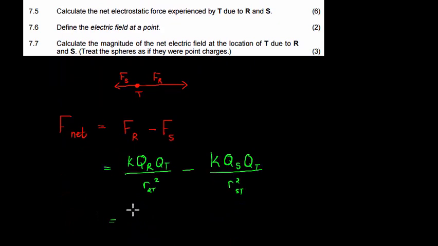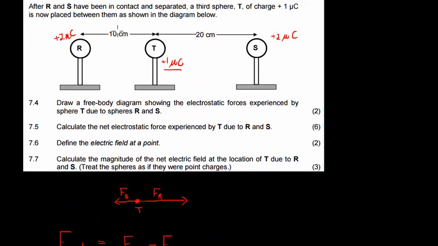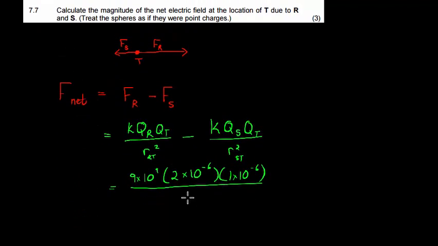Now simply substitute. k is 9 times 10 to the power of 9. The charge on R is +2 microcoulomb, so do remember to use 10 to the power of -6. We have to work in coulombs. Times T, which is 1 times 10 to the power of -6, and then divided by R squared. Now this is also important: R must be in meters, and here the distance between R and T is 10 centimeters, so we must change that to meters. 10 centimeters is 0.1 meters, and that's squared.